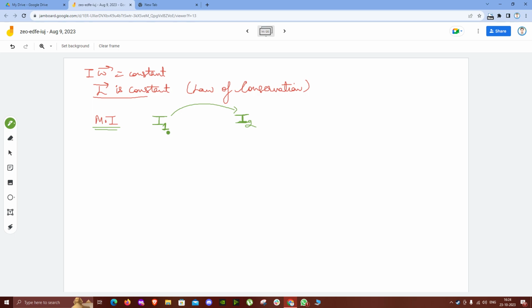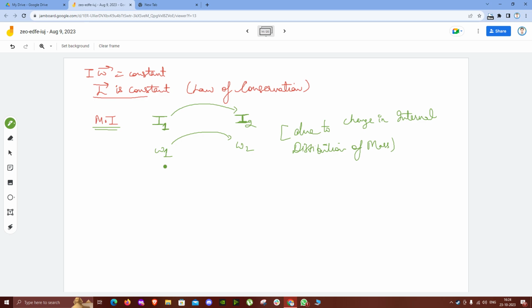And the angular velocity changes from omega 1 at first to omega 2, due to the change in internal distribution of mass. We got two moments of inertia and respective angular velocities.